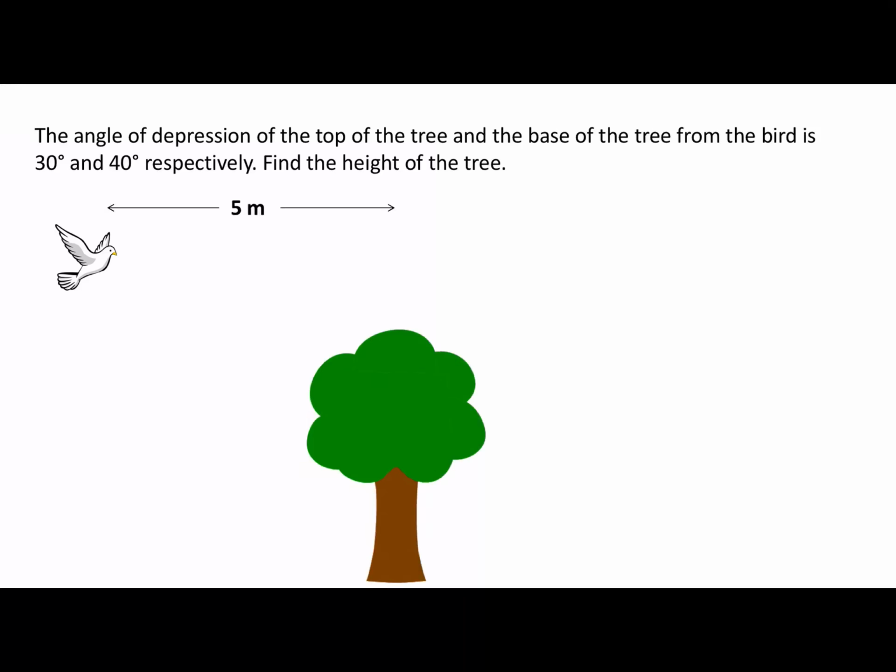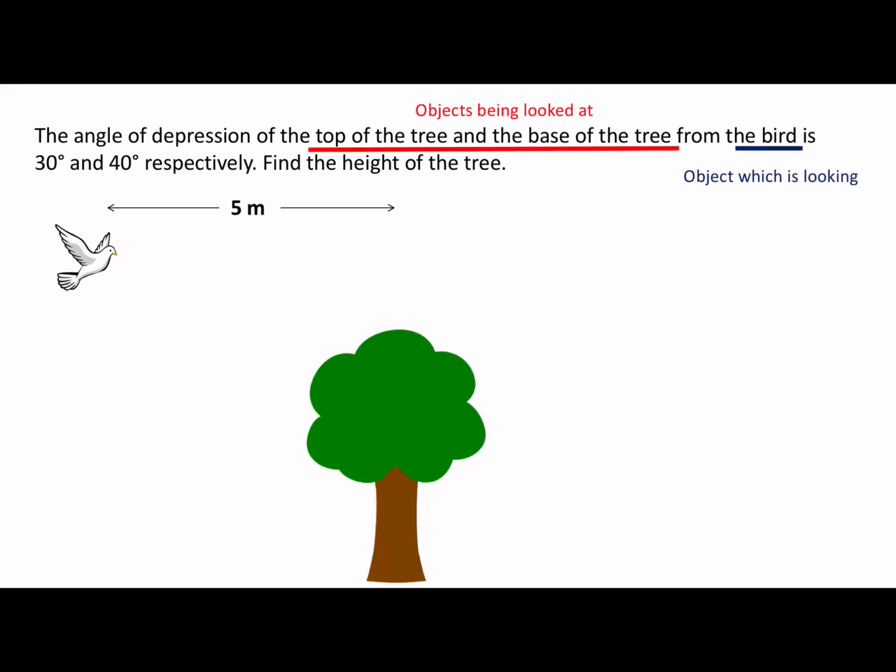So how do we begin? We need to draw the angles of depression. Once again, what are the things that you need to do before you draw? First thing, you need to identify which is which. The top of the tree and the base of the tree are both objects being looked at. The bird is the object which is looking.